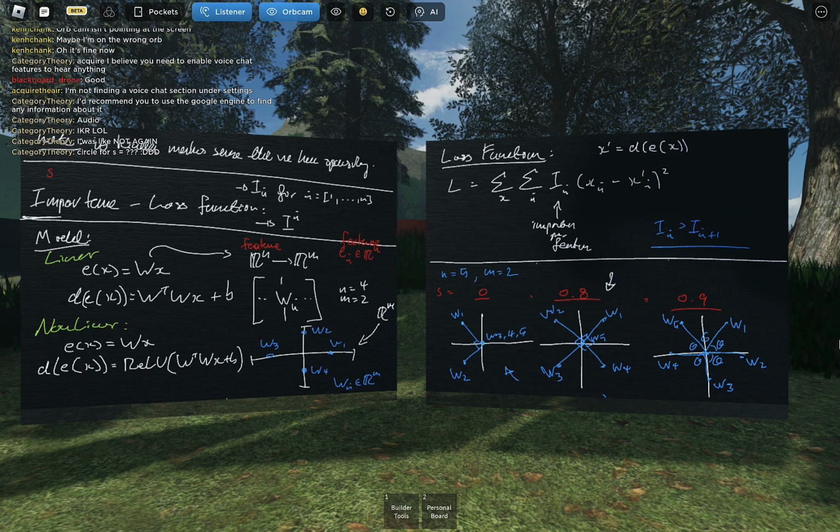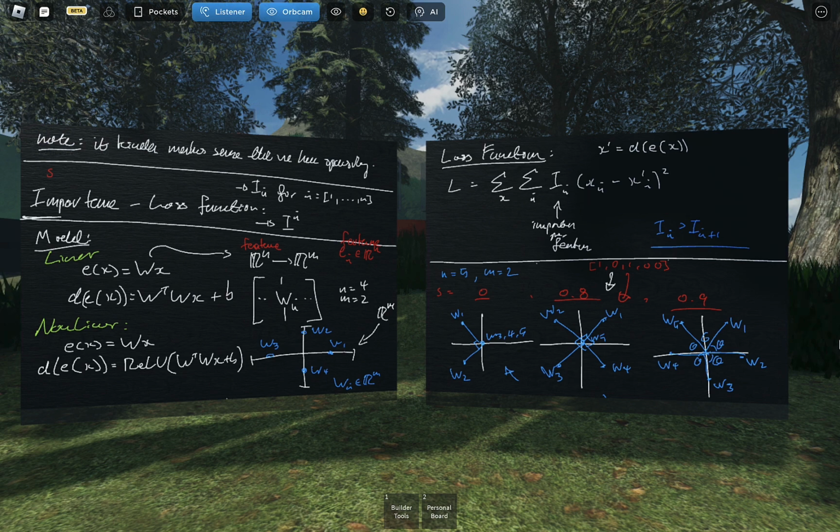I guess the intuition is that with greater sparsity, you're more likely to not have to encode different things at the same time. For instance, say we wanted to encode the vector 1, 0, 1, 0, 0.